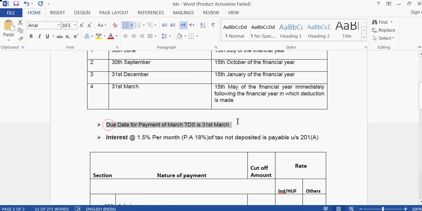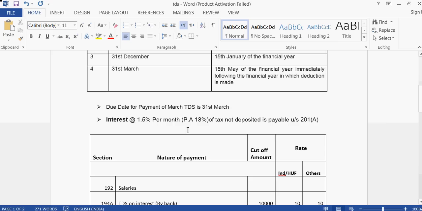The due date for payment of March TDS is 31st March. Every month we have to pay TDS before the 7th of the next month. If we deduct this month, the next month before the 7th we have to pay. Especially for the month of March, we have to pay before 31st March.